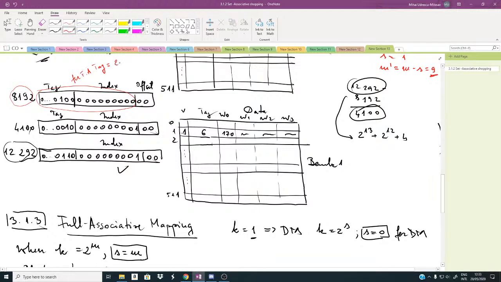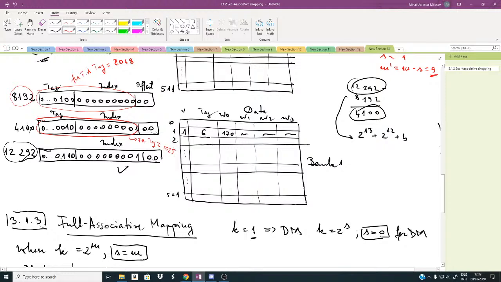So this is 2048. And here, this would be the tag, okay? For full associative, this guy would be 1024 plus 1, so this is 1025.